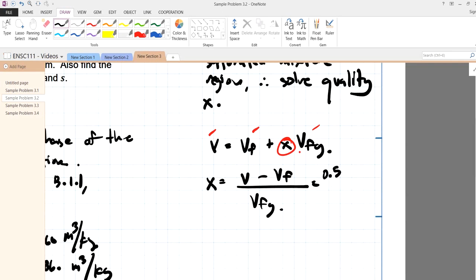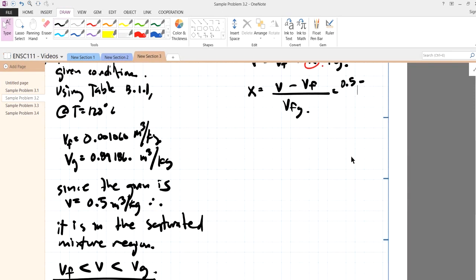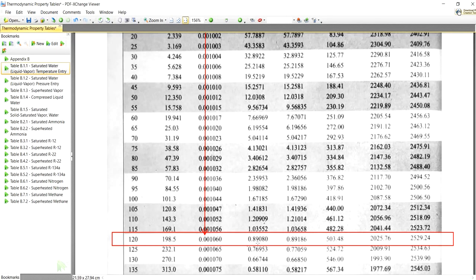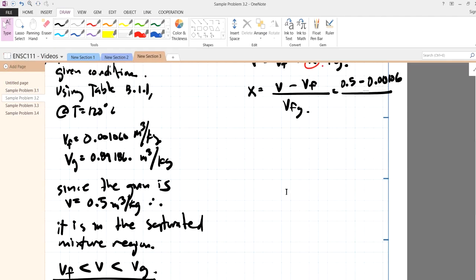Alright, so let's solve this. 0.5 minus the 0.00106, and here the vg is 0.8908.